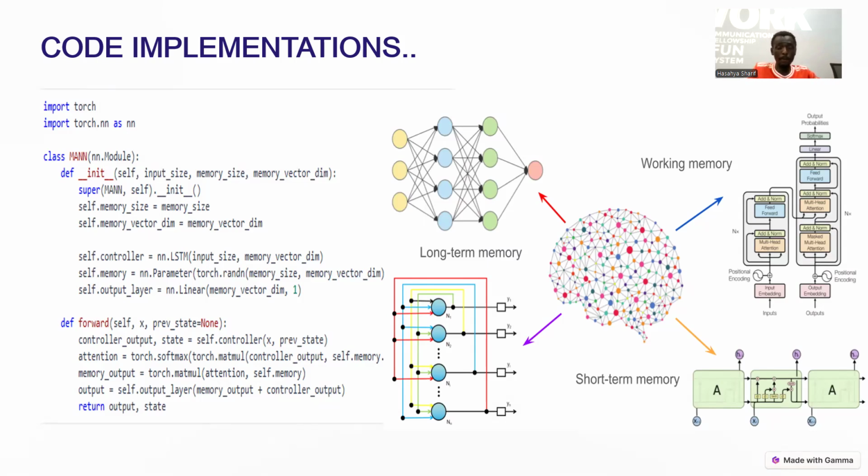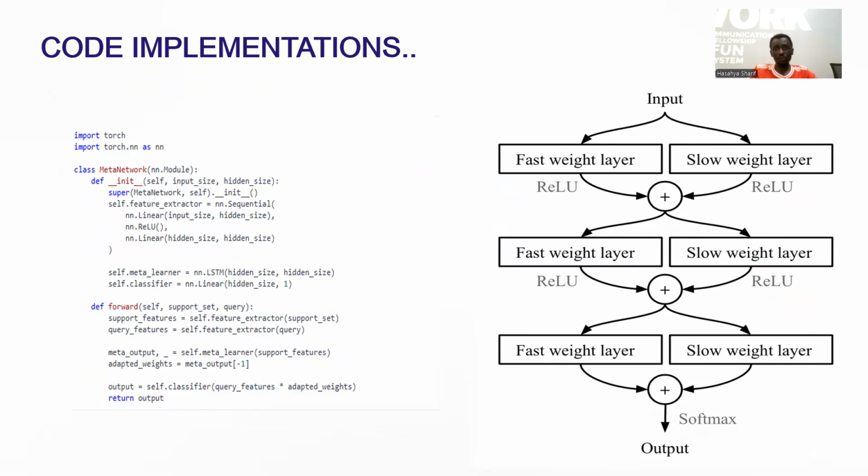Next is our meta network. In our meta network, the main key components we have are the feature extractor, the meta learner, and the classifier. Our feature extractor is a two-layer network for embedding our inputs.